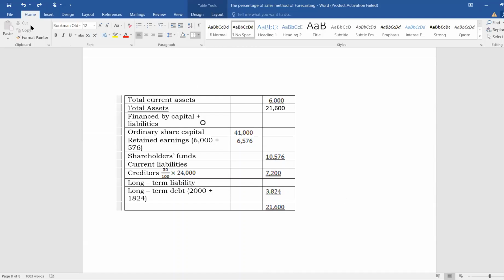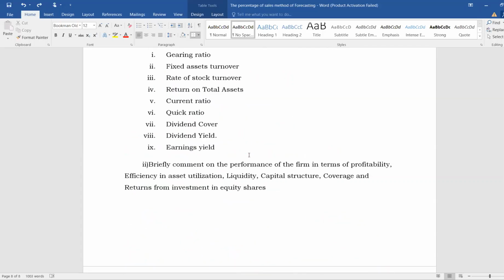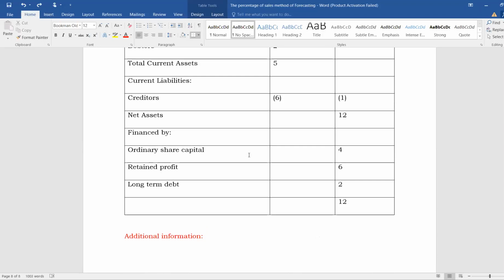So that's something that you can counter-check immediately. Are you on the right track? If your assets are increasing by so much from the current assets, is it true? Financed by ordinary share capital? Ilikuwa ngapi hiyo? In the current statement of financial position, ordinary share capital ilikuwa ngapi? 4 million.